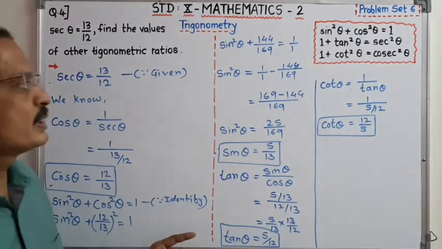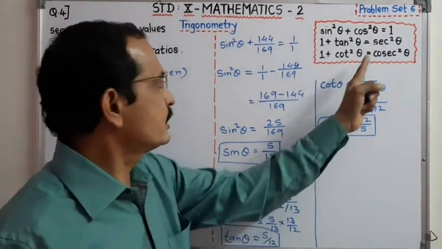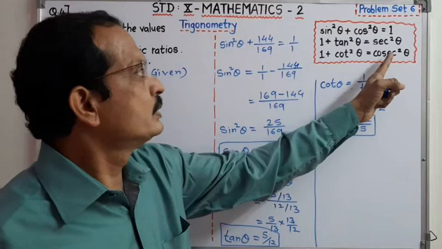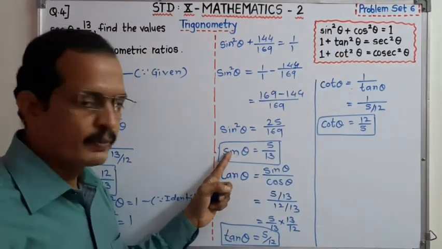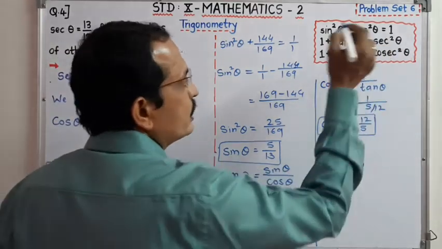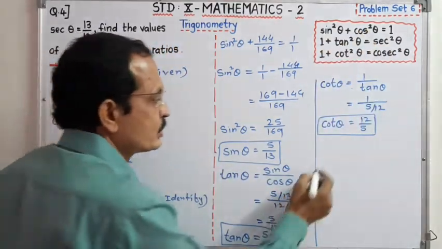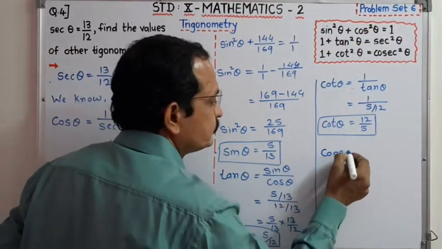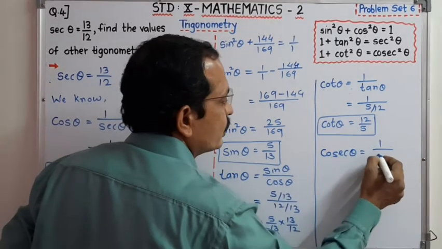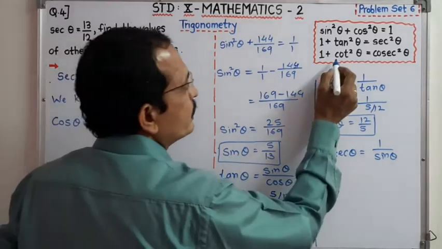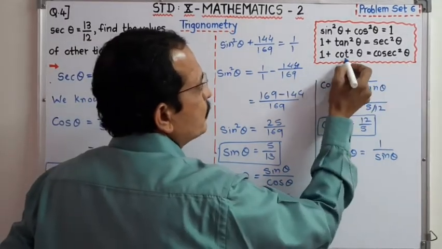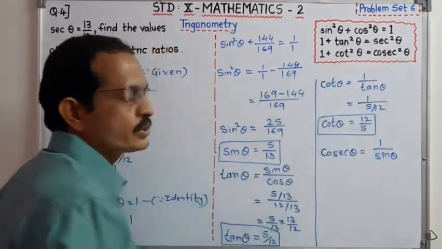Now what is remaining? It is cosec theta. Now dear student, we know the sine theta. Then we can find out this cosec theta, because cosec theta is equal to 1 upon sine theta. Or dear student, by simple way we can use this identity, 1 plus cot square theta is equal to cosec square theta.